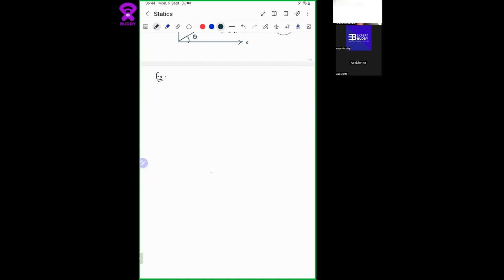It says that there's a hinge point here on the axis at the origin where you have a force of 600 newtons, inclined at 30 degrees from the x.